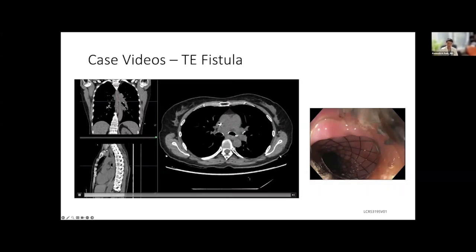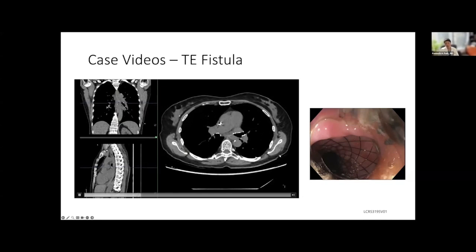I think is very, very necessary and helpful if you're going to be an interventionalist. Here, looking at the coronal, axial, and sagittal views, you can see the area of the stricture, and maybe potentially a fistula to the left side as the esophagus crosses over.